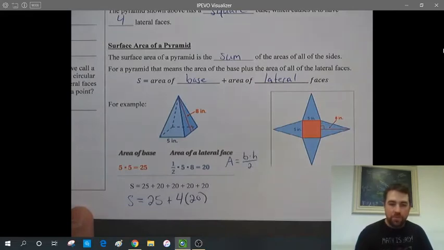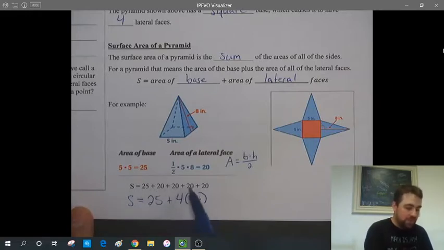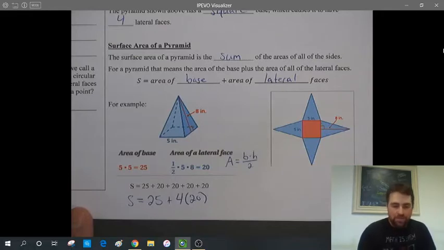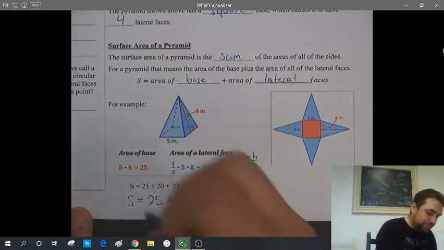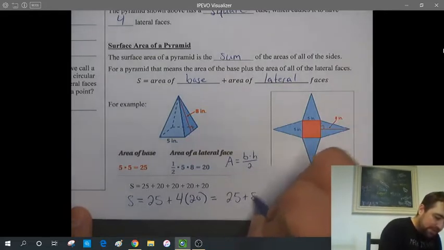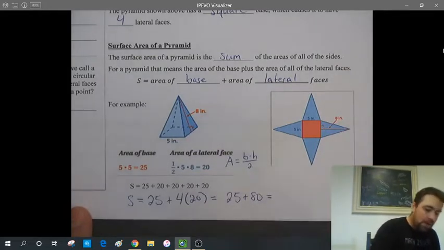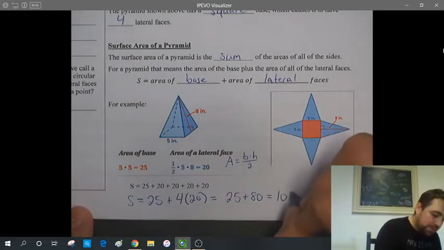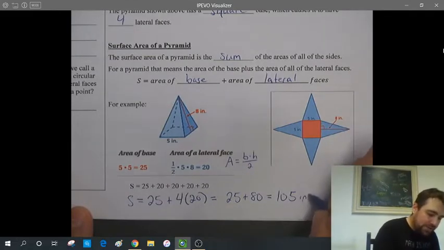Because we have 4 of the triangles. So when we start actually making our calculations in our examples, instead of writing it out 20 plus 20 plus 20 plus 20, if we know how many we have of those similar triangles, then we can just multiply by the number that we have. So in total here, that would mean that we have 25 plus 80, which would be equal to 105, in this case, inches squared again.